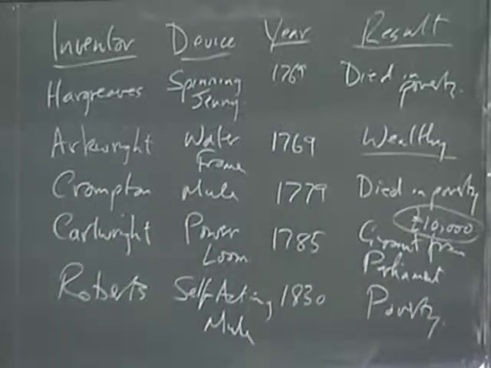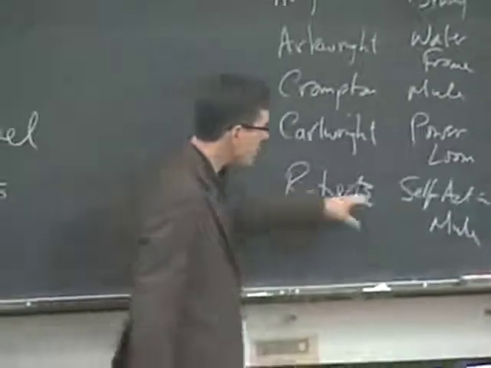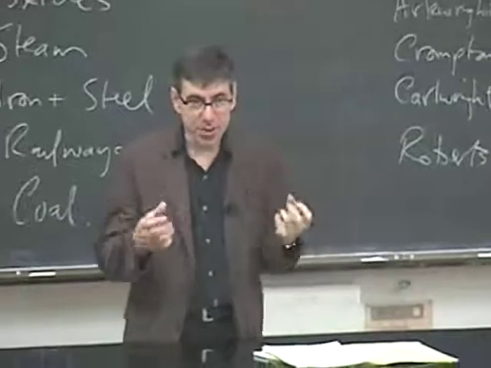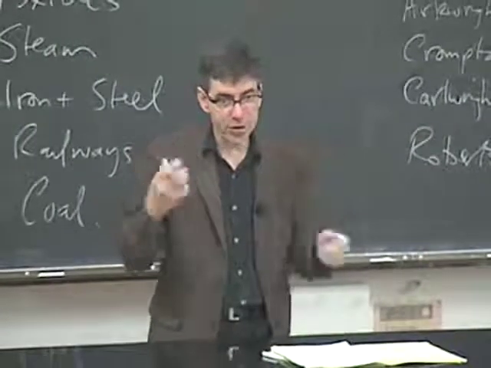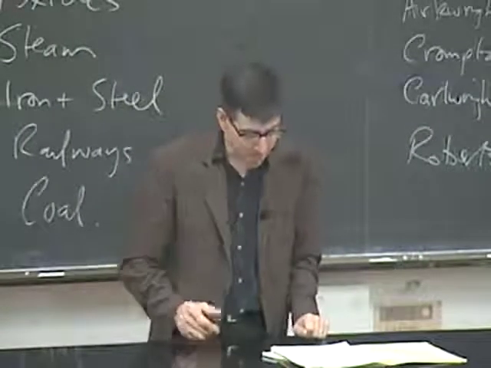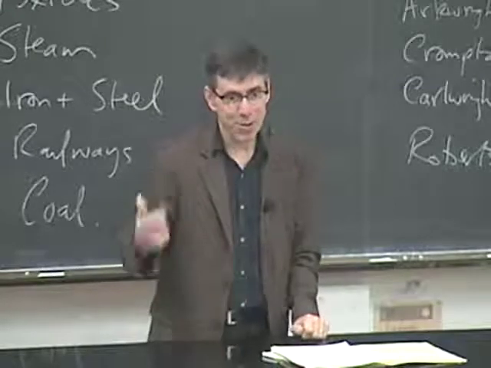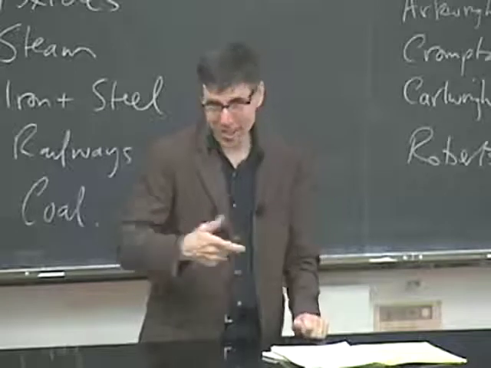What happened in his case was that by now the industry is mature enough that professional machine developers appear. And so Roberts is one of the first great professional engineers in the industry. But typically, developing these machines now costs a lot of money, and initially they're not that good.